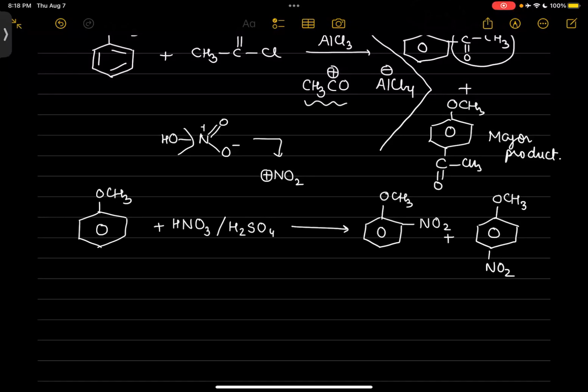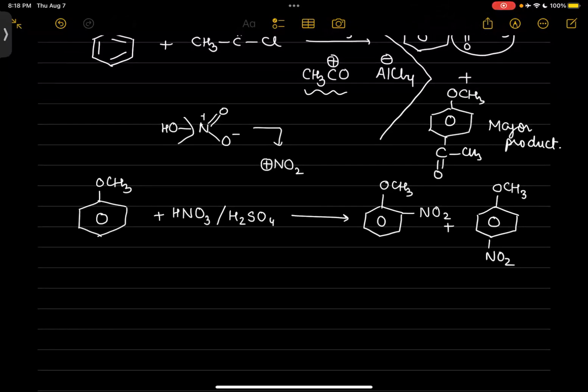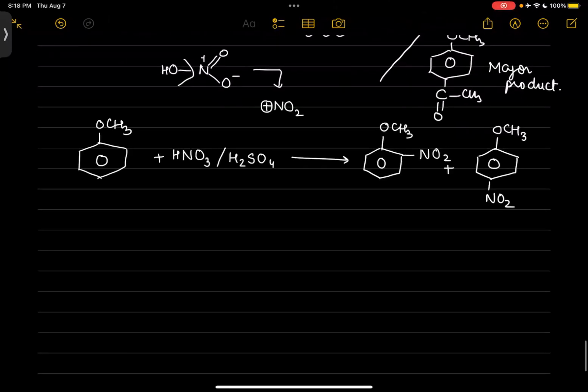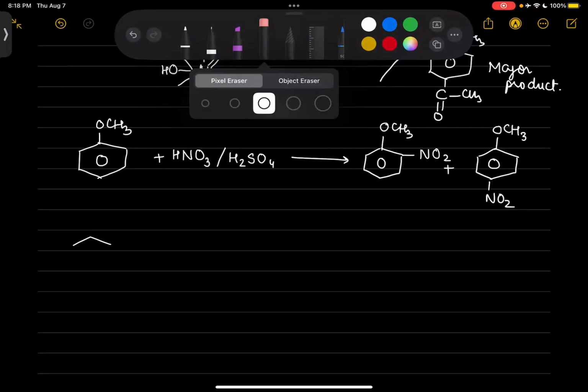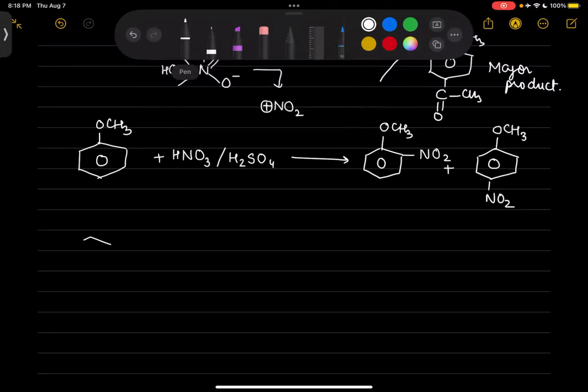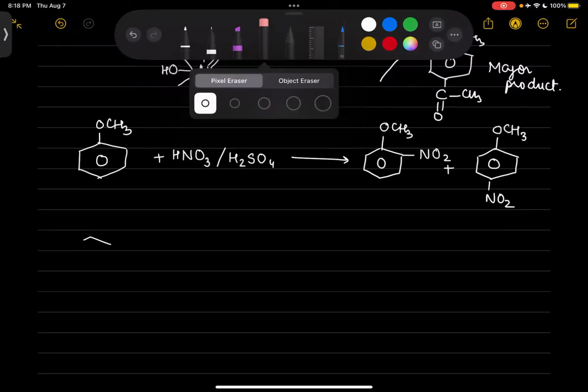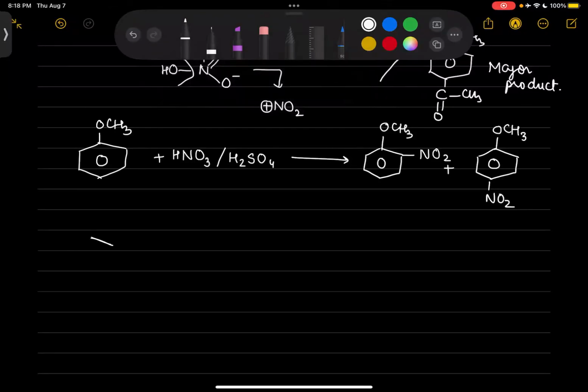So let's do some more problems. This problem is from all the chapters of organic chemistry which we have studied: haloalkane, haloarene, and then alcohol, phenol, and ether.